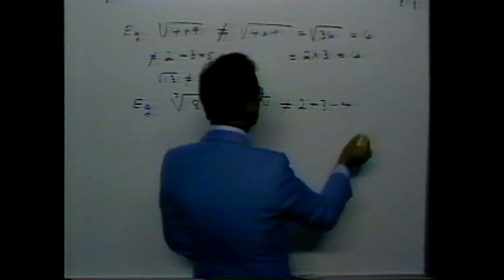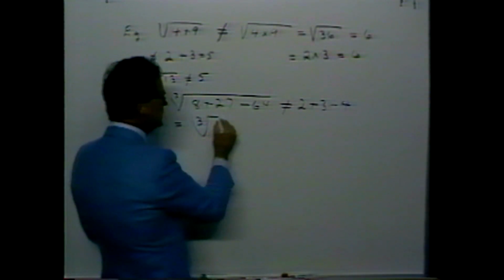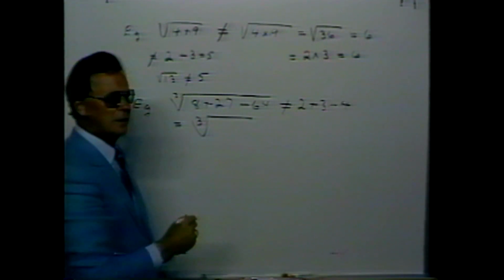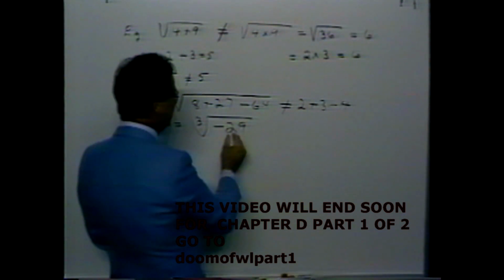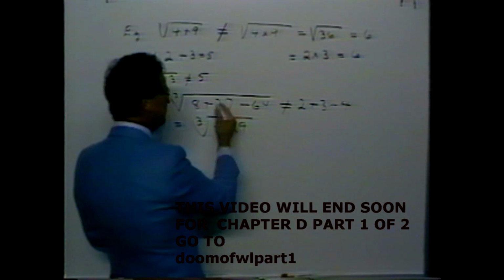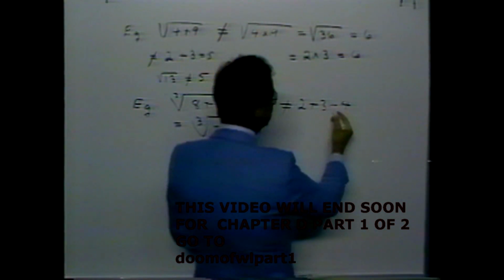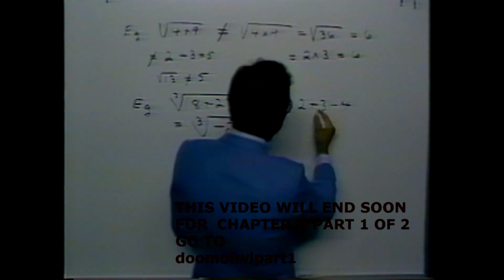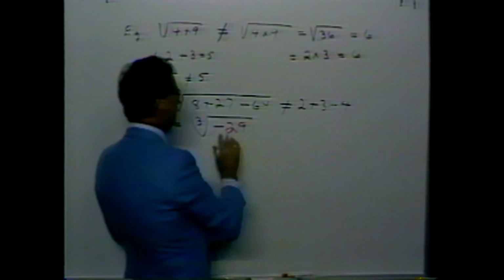This is totally wrong. But what it is the cube root of is the amount that you get when you add 8 and 27 and subtract 64, and that's minus 29. Now the cube root of minus 29 is the correct expression. It is not equal to whatever this adds up to, which, if you see that, 5 minus 4 equals 1. That would be totally wrong.